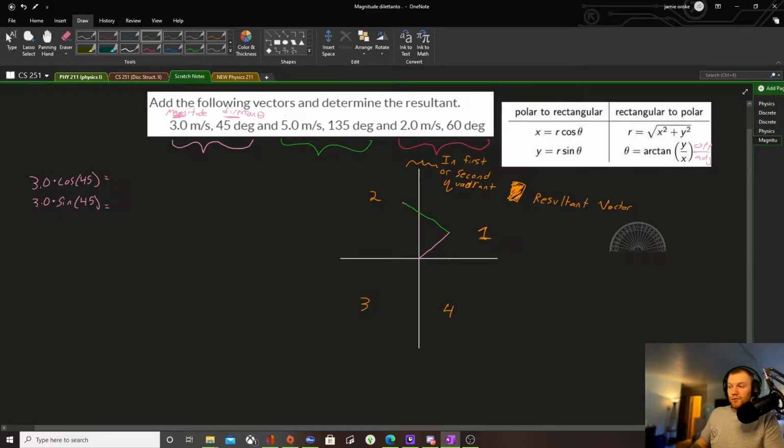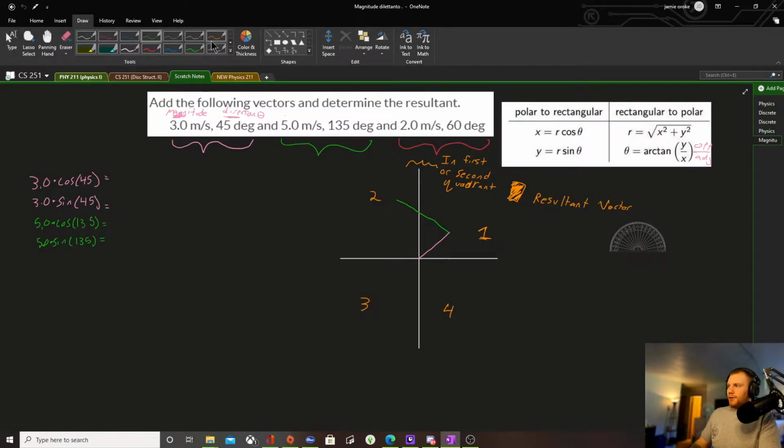It's going to cross over into the second quadrant, something like that. And the math behind that is going to be 5 times cosine of 135 degrees, and 5 times sine of 135 degrees.